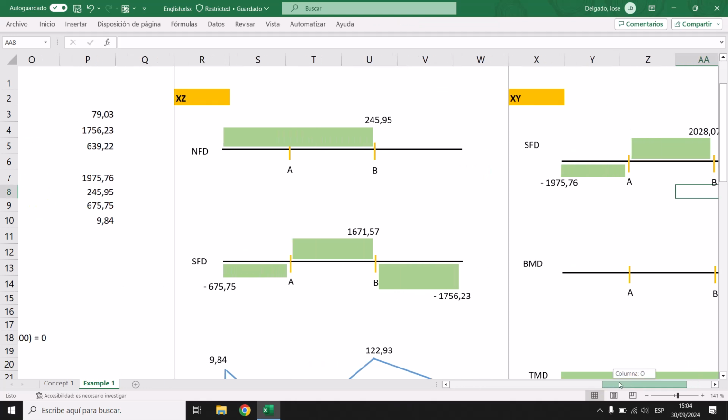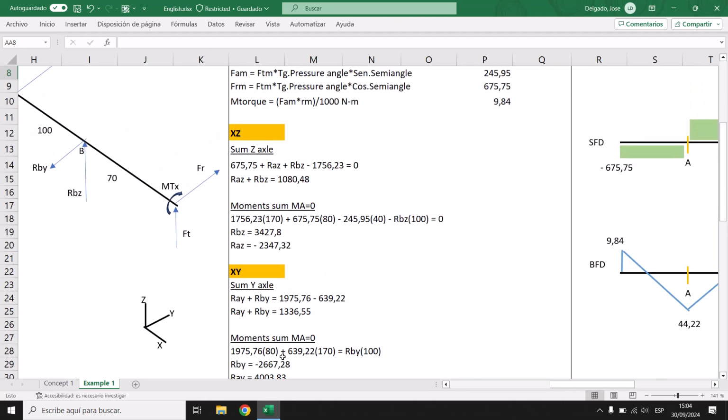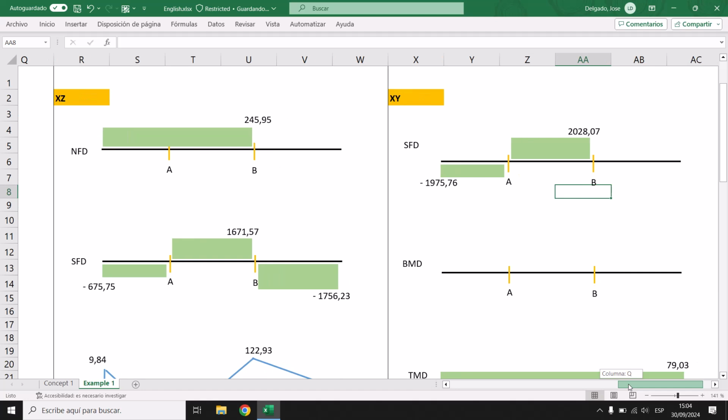If you don't remember it, you should calculate your reaction here. Okay, and then let's continue.